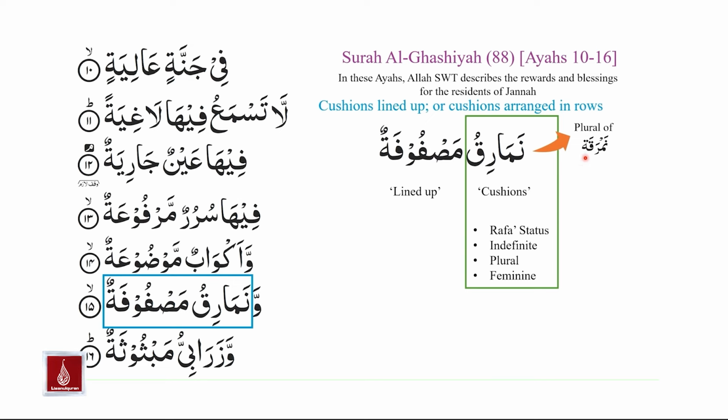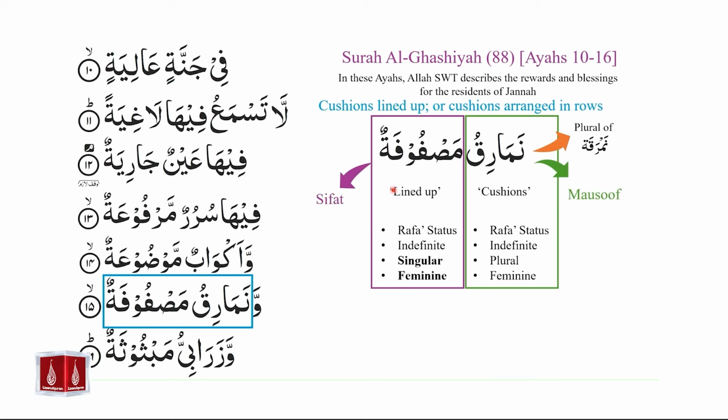Namariqu is plural of namraqa. It is Rafa in status, it is indefinite, it is plural, and it is feminine. It is feminine because of the presence of gol ta at the end of the singular ism.